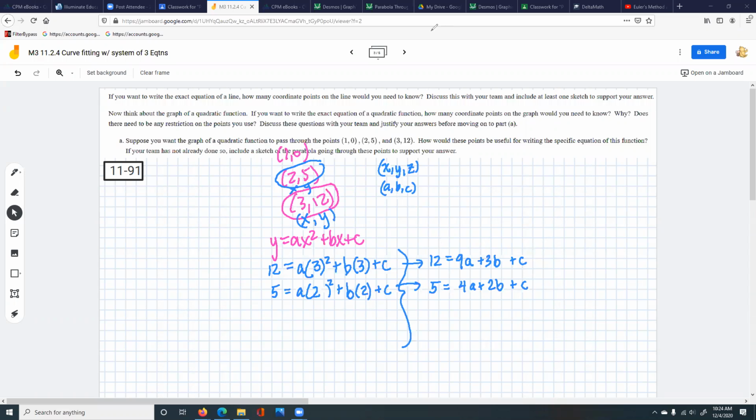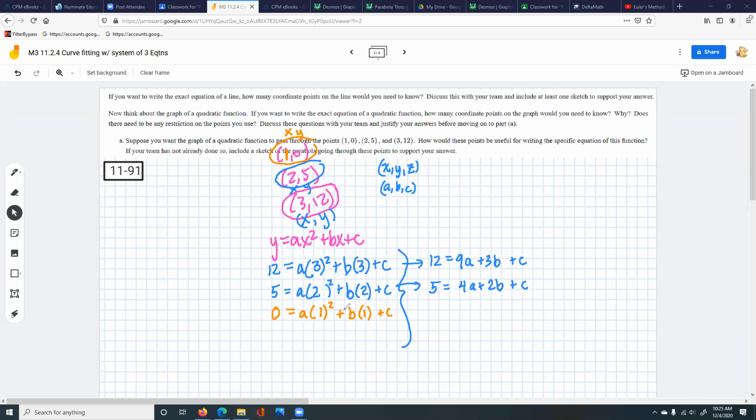Now I'm going to use the third point, which is that 1, 0 right there. It says 1, 0. So x is 1, y is 0. So 0 equals a times, what's my x? My x is 1. 1 squared plus b times x again, 1 plus c.